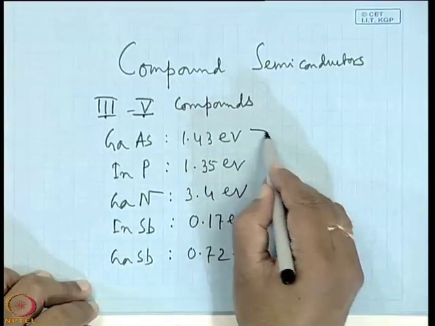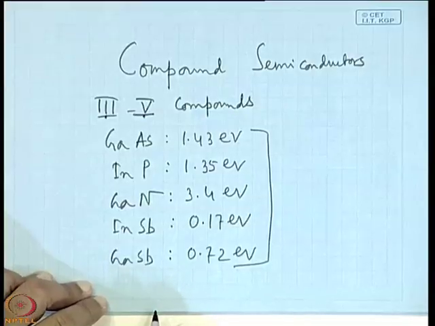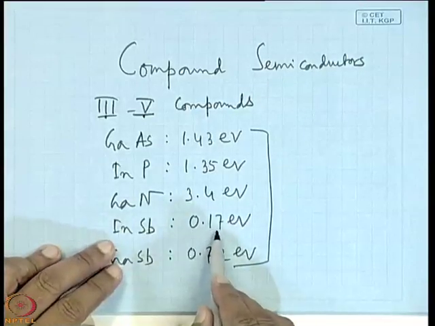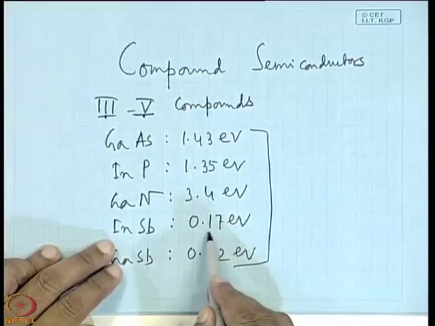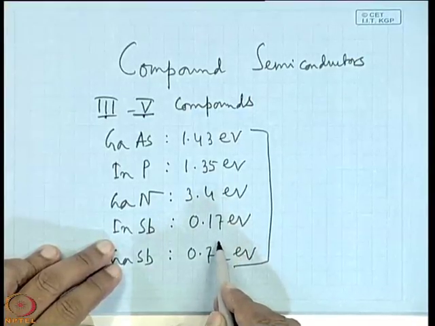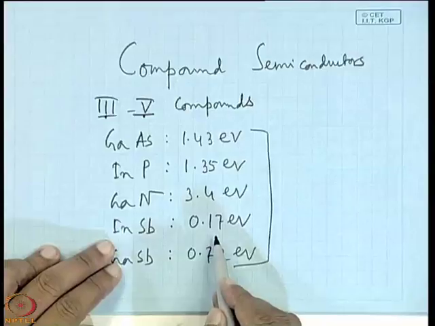So what do you find from these values? You find that there is a material, say indium antimonide, whose band gap is very small, 0.17 electron volt. So that material can be used for application in which region? Infrared region.